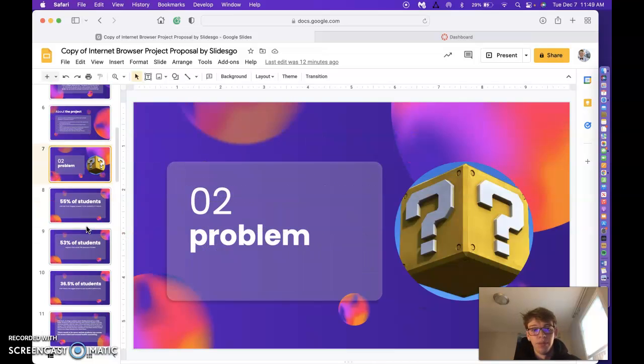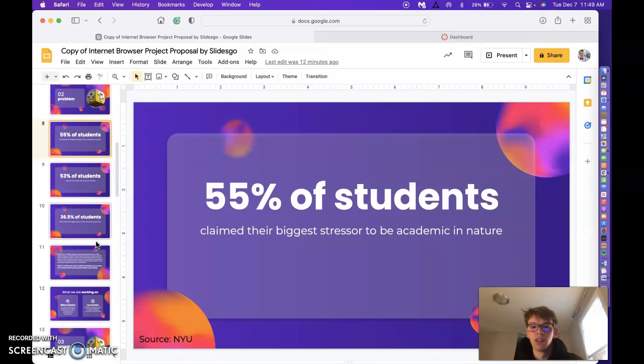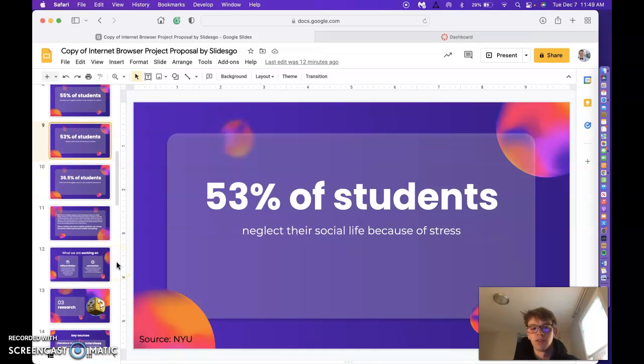So our problem, as you can tell, is stress and how to mitigate that and ultimately how to recognize that at an early time before the issues compound. So here's some statistics. 55% of students claim their biggest stressor to be academic in nature, and the source was NYU. 53% of students neglect their social life because of stress.